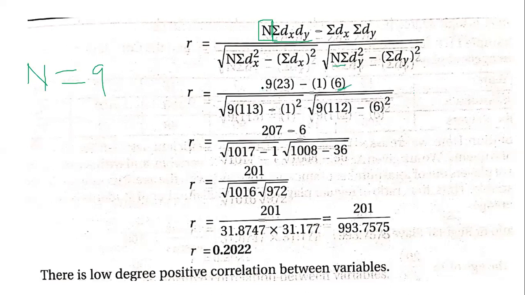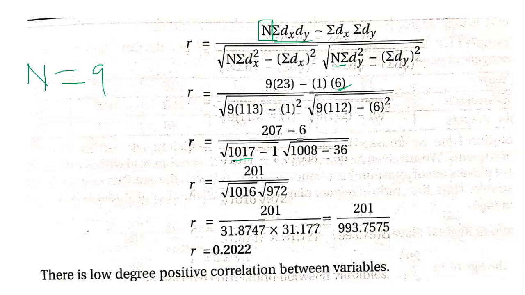Next, 9 into 23 is 207. 6 into 1 is 6. Coming to the denominator, 9 into 113 is 1017, and 1 square is 1, obviously. Next, the second square root, 9 into 112 is 1008, minus 6 square, which is 36. 6 6s are 36.